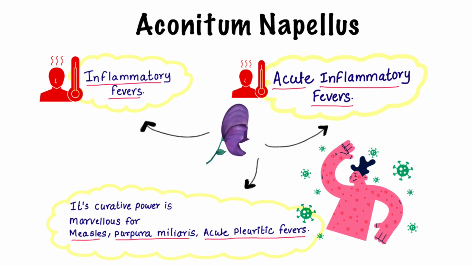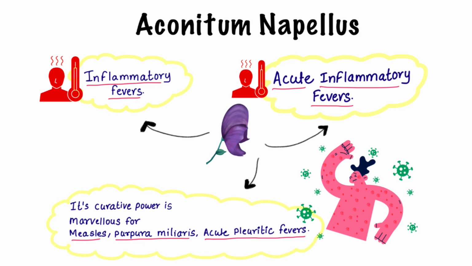So Aconitum Napellus works best for inflammatory fevers, all types of acute inflammatory fevers, and its curative power is marvelous for measles, purpura miliaris and acute pleuritic fevers.